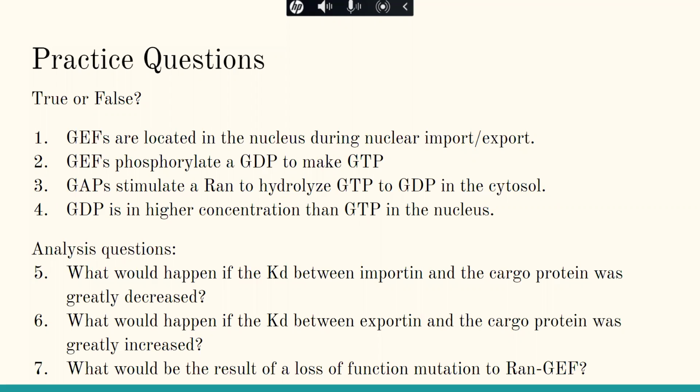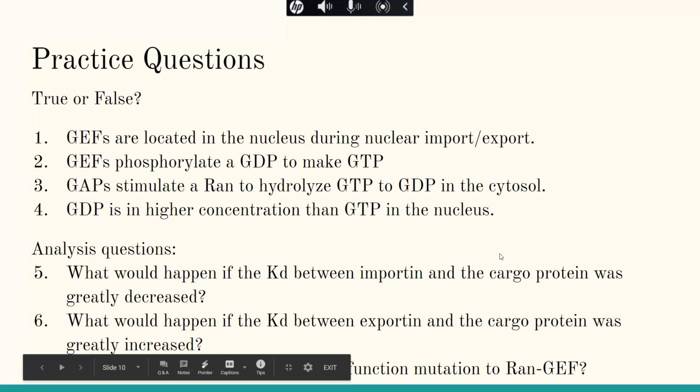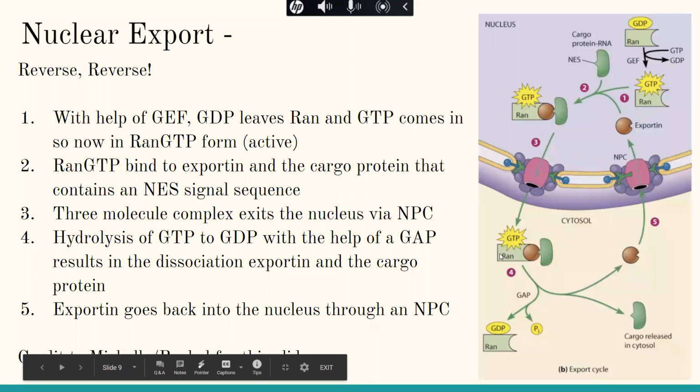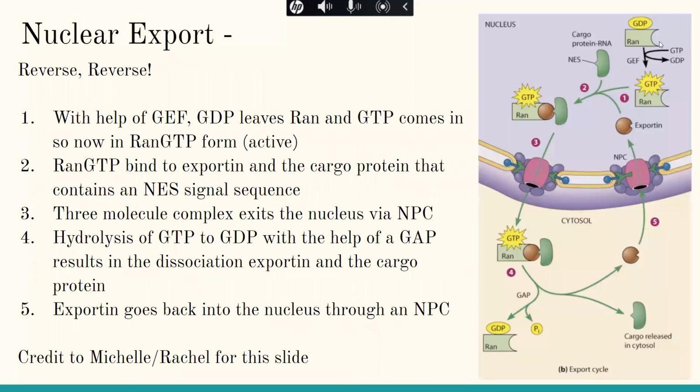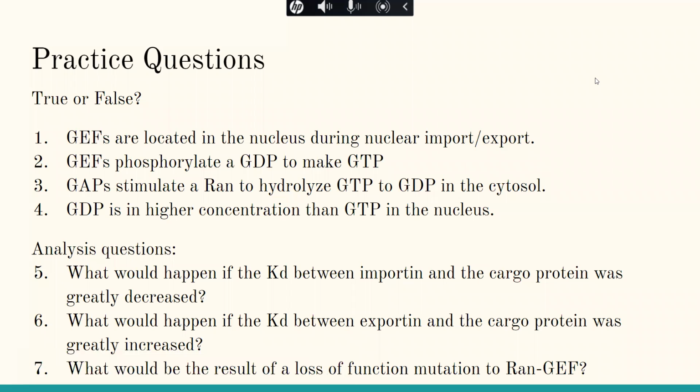Yeah. So that's important. GAP releases a phosphate, so you can see it better here. It's the same GTP that's turning into a GDP, whereas with GEF, you're diffusing in a whole different molecule, as you can see in this little arrow right here. So yeah, good job.